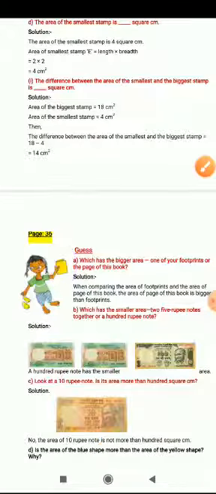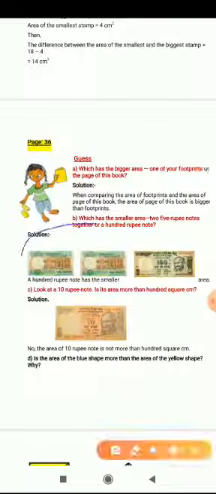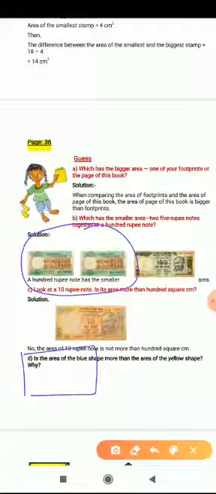Now let's move forward. Which has the smaller area, two 5 rupee notes together or a 100 rupee note? Here what they are saying is that we have to take two 5 rupee notes and keep them together like this. Observe the area, and a 100 rupee note is there.